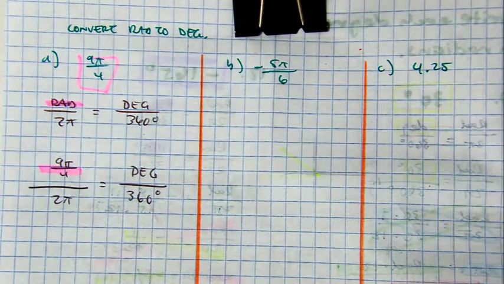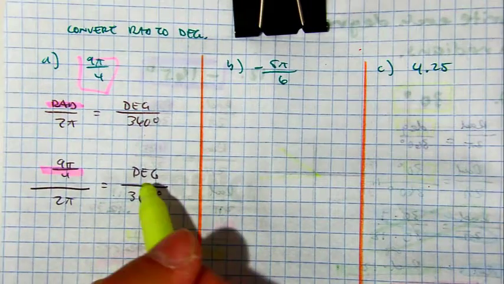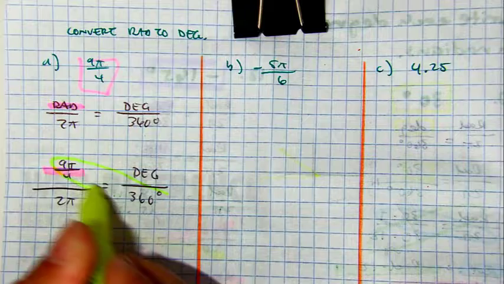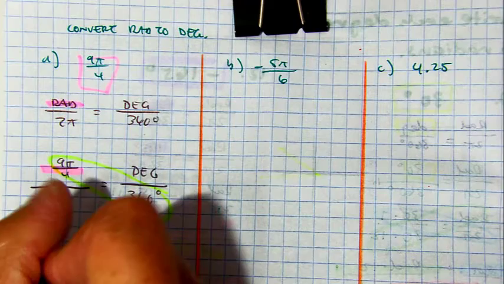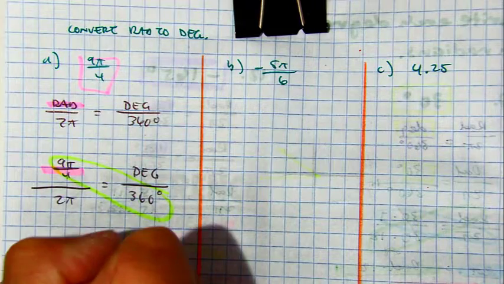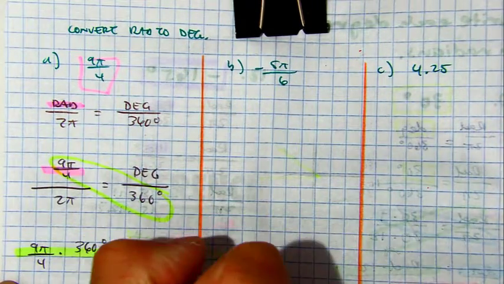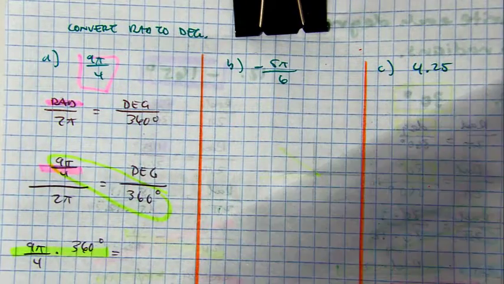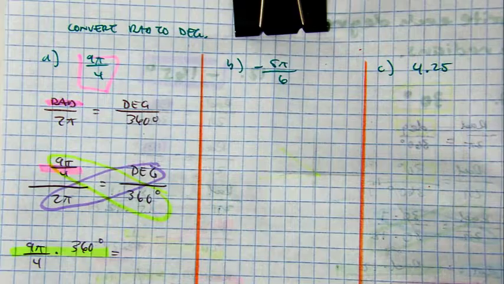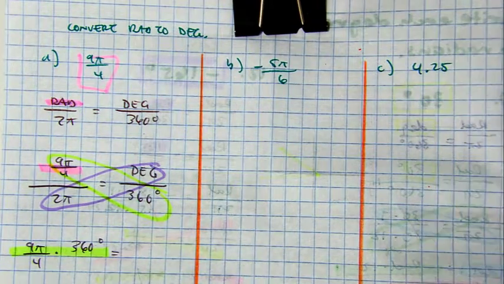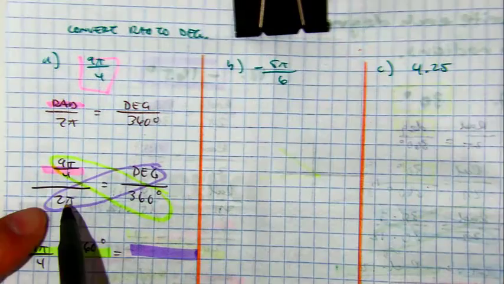Looks kind of complicated there. You have a fraction in the numerator. So what I'm just going to do right here is cross multiply. So now I have 9 pi over 4 times 360, and I have 2 pi times degrees.